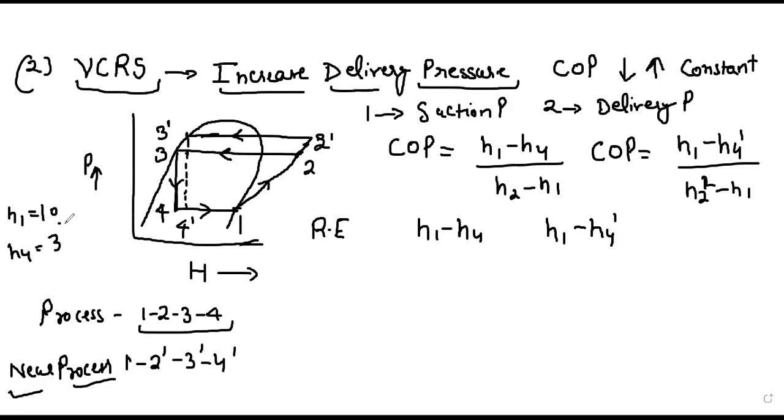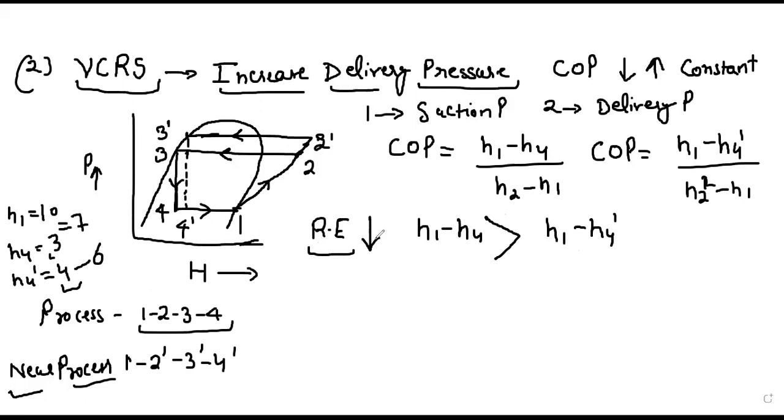So H1 minus H4 will be 7. But now if we look at the value of H4 dash, we know that its value is more than H4. Let us suppose it is 4. Clear? H4 was 3, and the value of 4 dash is coming more, so suppose its value is 4. Now the value of H1 minus H4 dash will be 10 minus 4, which is 6. So it means the refrigeration effect value that has come now is less as compared to the initial value, which was 7. Just giving you an example, just for comparison purposes. So it means the value of H1 minus H4 was more as compared to H1 minus H4 dash. It means overall the refrigeration effect has decreased by increasing the delivery pressure.